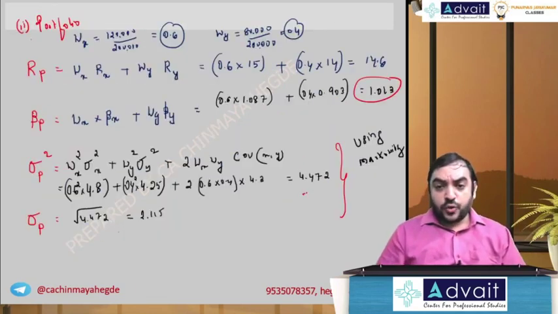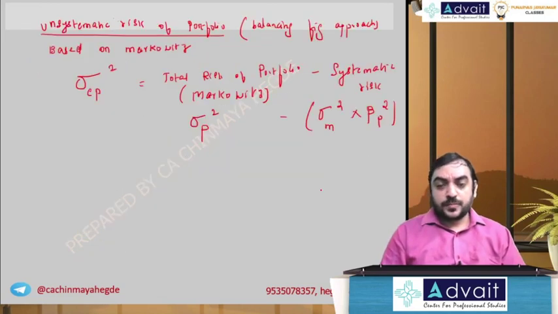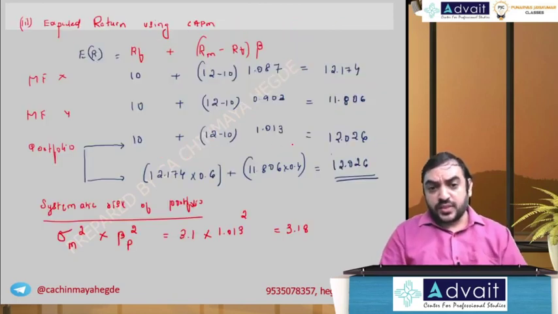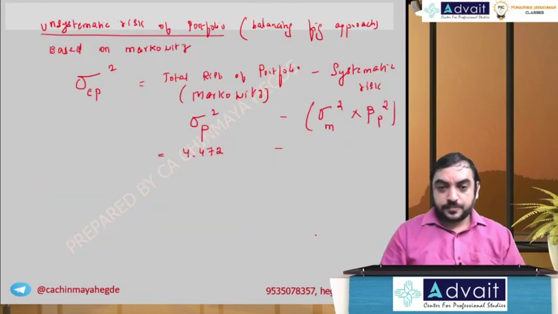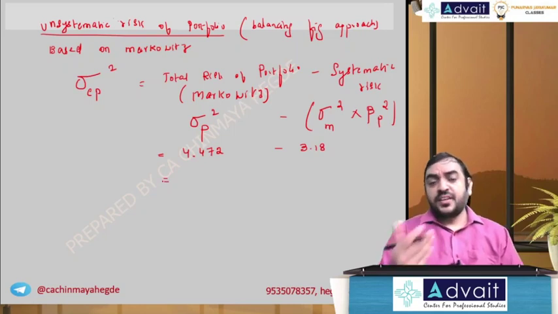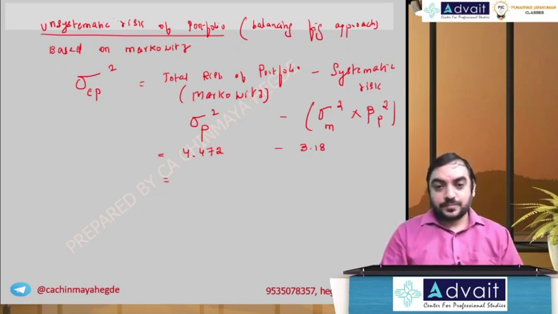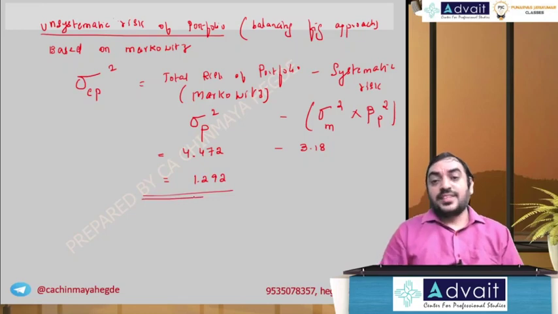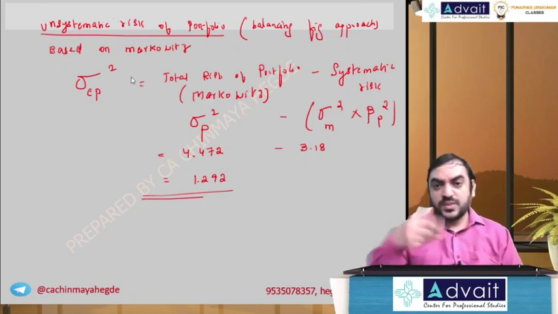I think we had got 4.472 using Markowitz. 4.472 minus systematic risk, what we just calculated now, 3.18. So balancing figure is what you get, unsystematic risk, 1.29. This is the balancing figure approach. You can present like this, institute like this method, full-fledged problems, more convenient.